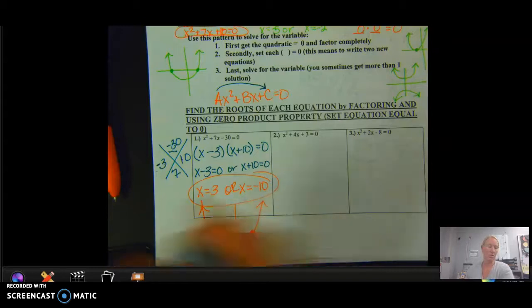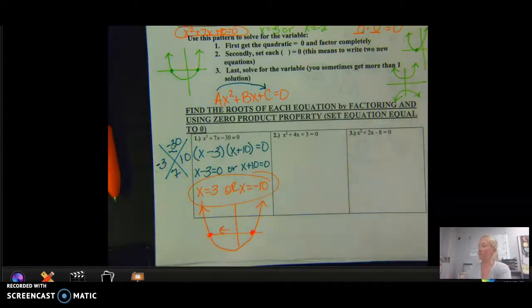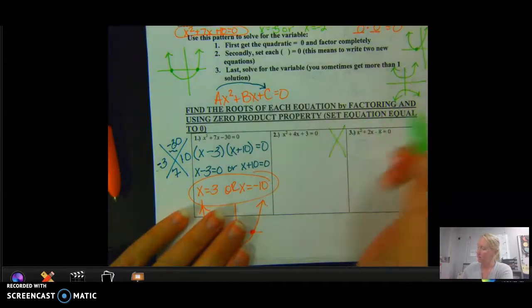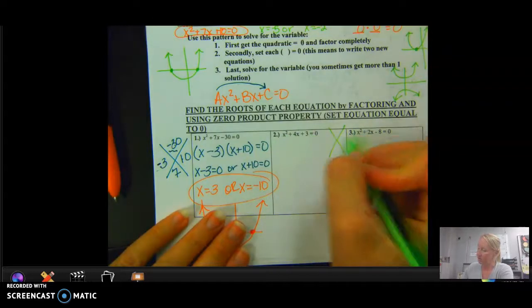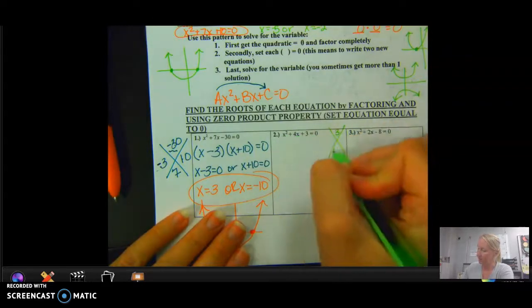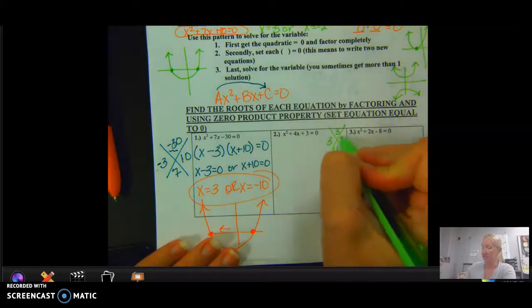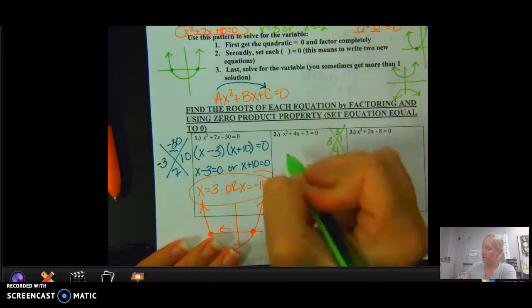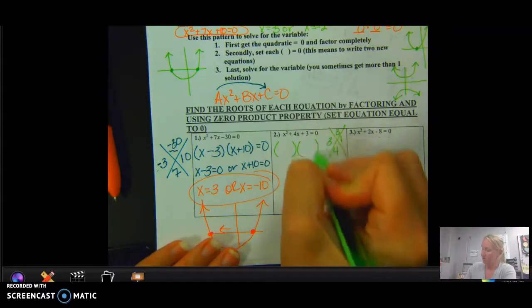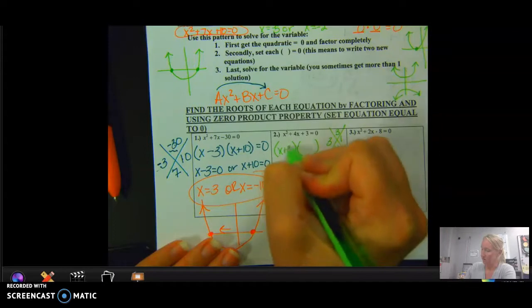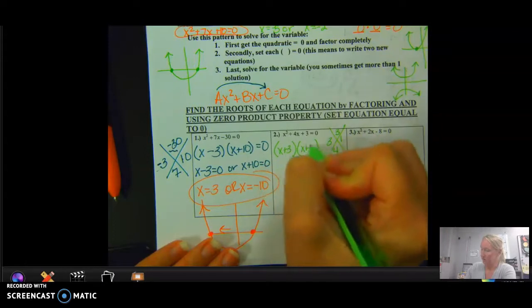Okay, let's try this next one. So again, crisscross. When I multiply, I want 1 times 3, which is just 3. When I add, I want 4. So I need two numbers that multiply to 3 but add to 4. So that is just 3 and 1. Okay? So I'm going to write x plus 3, x plus 1 equals 0.